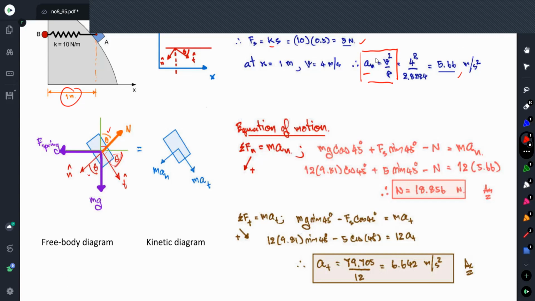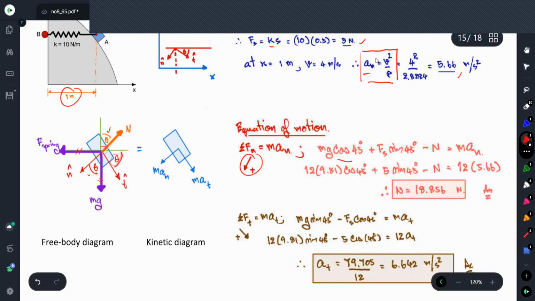Okay, so then we decompose the spring force and the weight into normal and tangential direction to form the equation of motion in normal direction and tangential direction. So if we consider the normal direction first, we set up the direction to normal as the positive one. We found out mg cosine theta, and for theta, we already find that at x equal to 1 meter it becomes 45 degree.